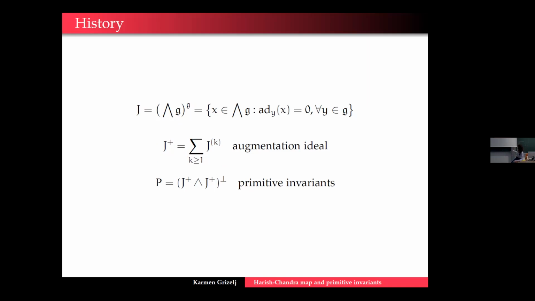Now that we have that, and we have that bilinear form, which was originally on G, it can be extended to complement with respect to B, or the square of this augmentation ideal.